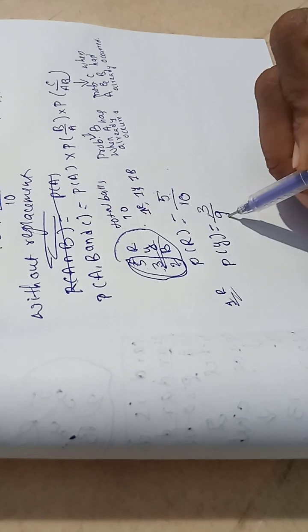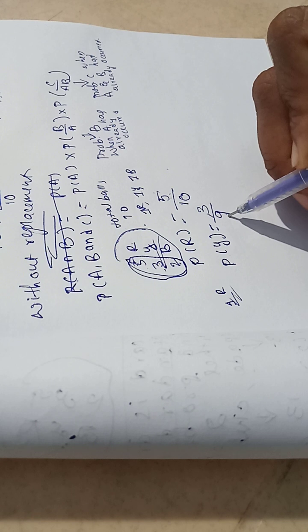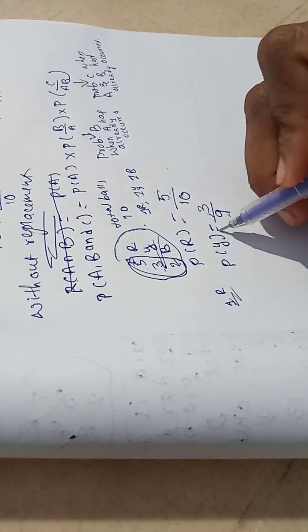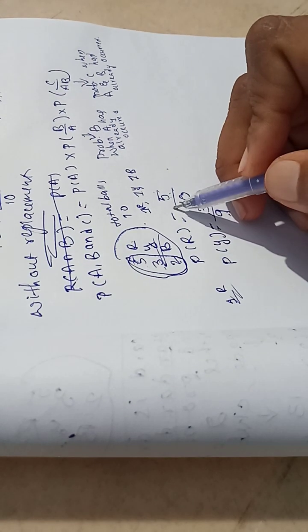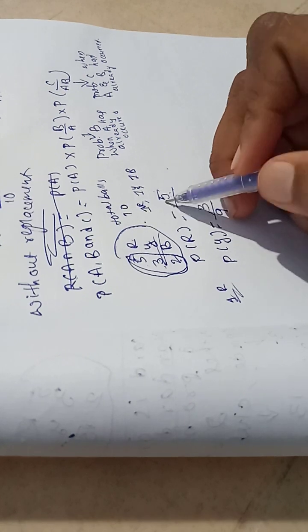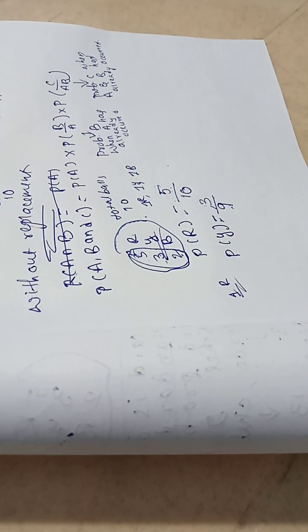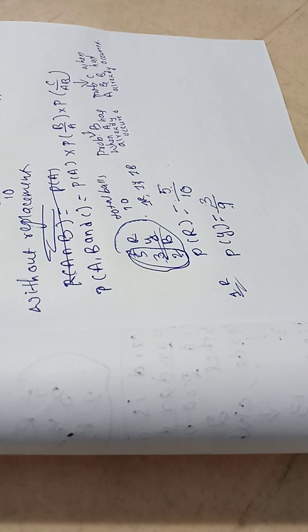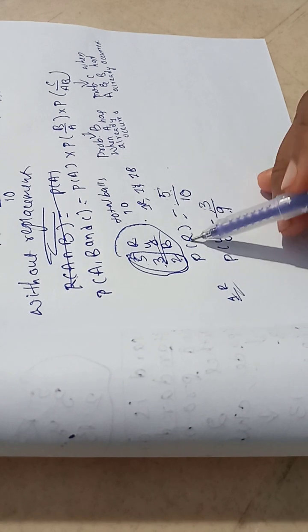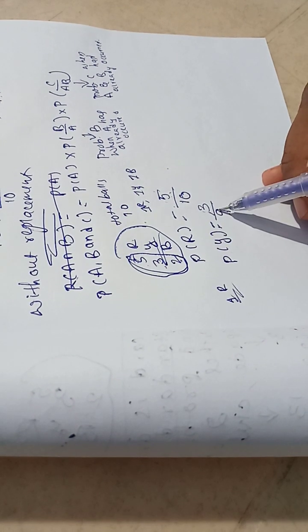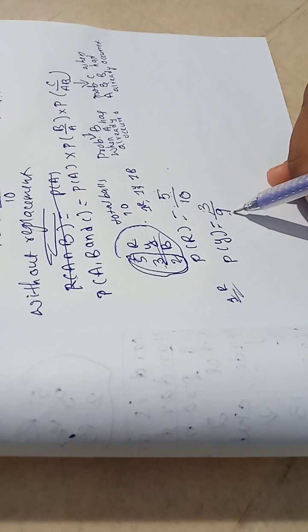So the total balls in the bag will be 9. So the probability of yellow is affected by the removal of one red ball, no? This we call dependent events. The one event affects the probability of the other. By removal of one red ball, the probability of the other is affected. It became 3 by 9.